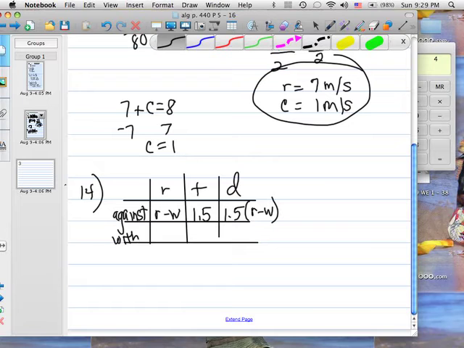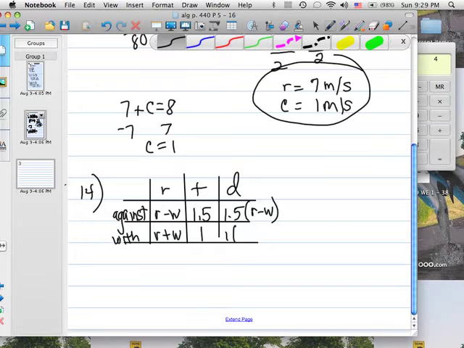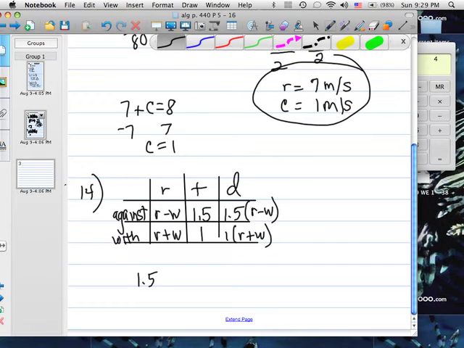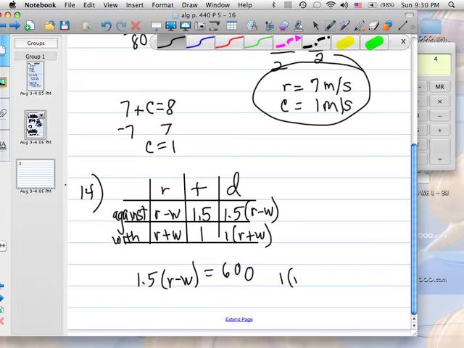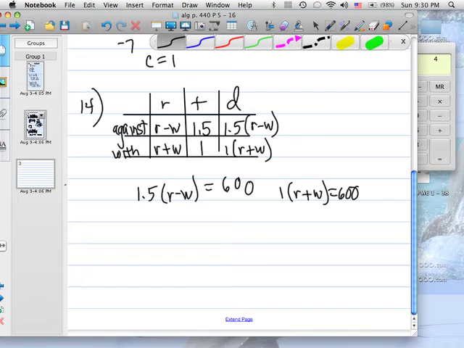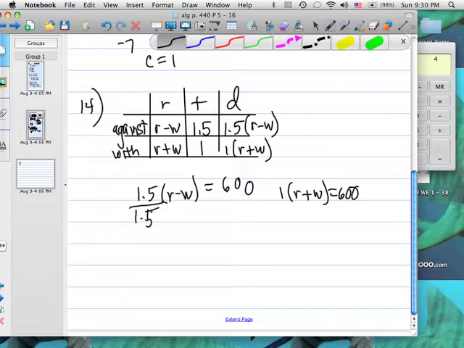And with the wind, it only takes 1 hour, so R plus W, 1 hour. So 1 times R plus W. So we have 1.5 times R minus W equals 600, and 1 times R plus W equals 600. We divide this by 1.5.